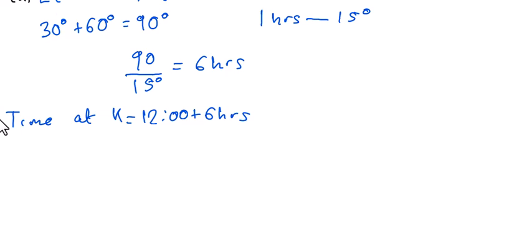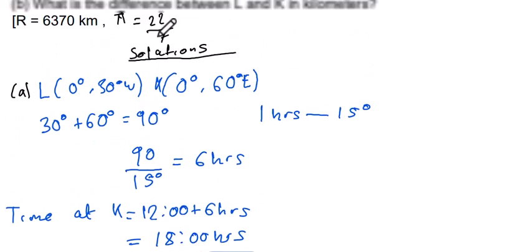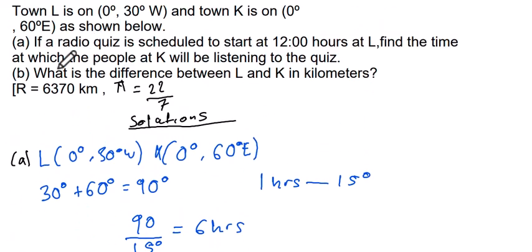So this will basically be at 18 hours. Okay, the time will be 18 hours. So we have found the time. So this is how we calculate time. If you have a question where you're not clear, kindly let me know.